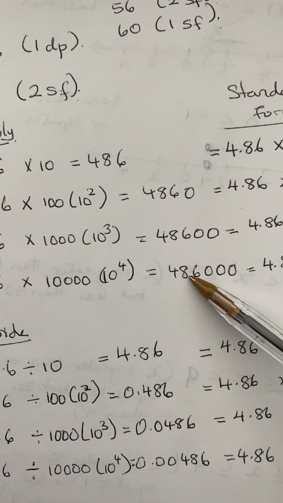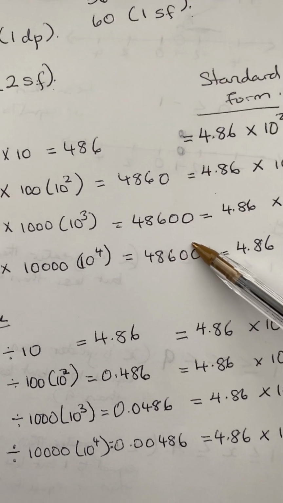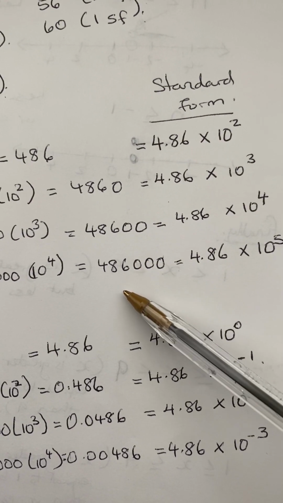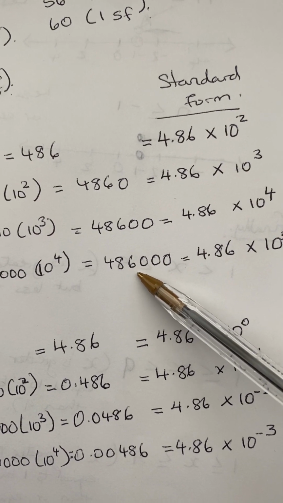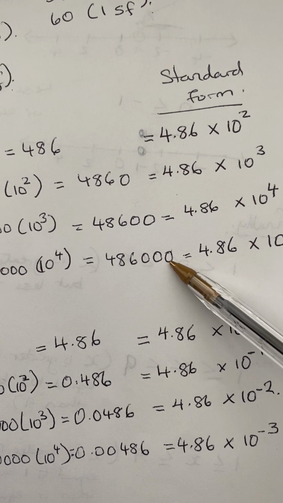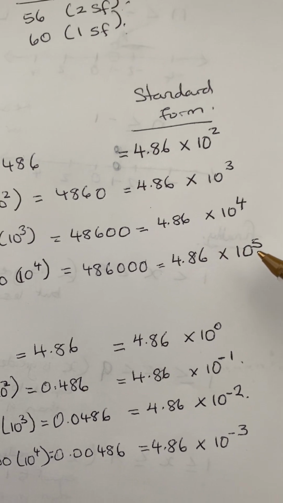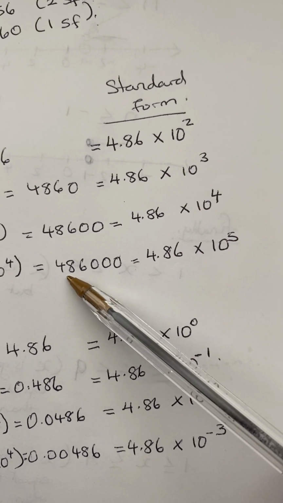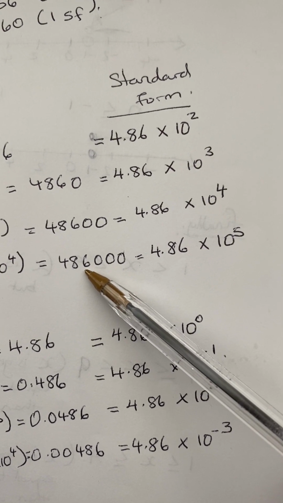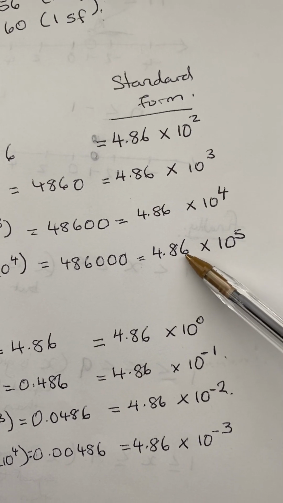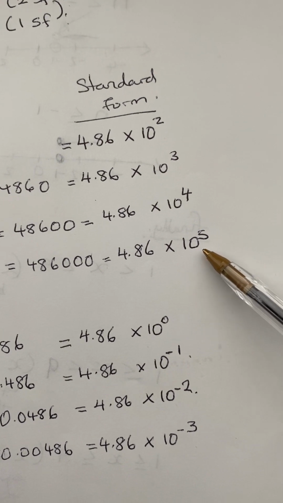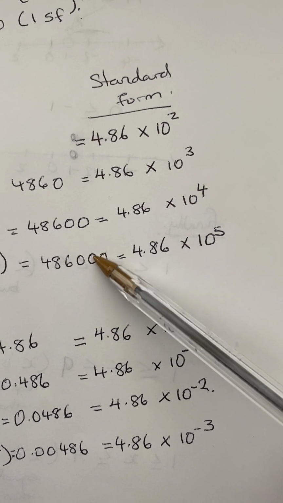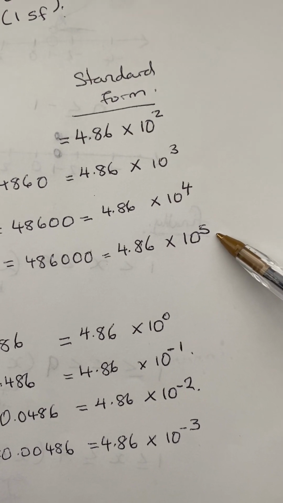So this will be our answer, 486,000. But to put this back in the standard form, the decimal should be between 4 and 8. So 4.86 times 10 to the power 5, 1, 2, 3, 4, 5.